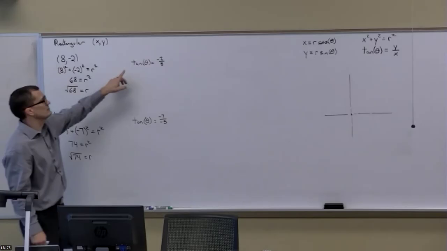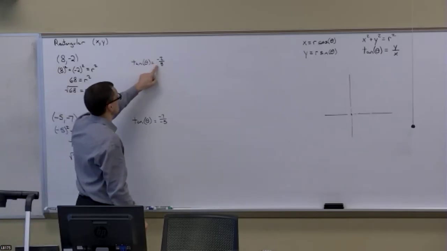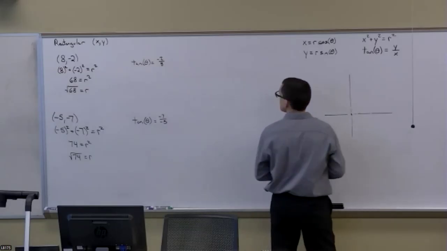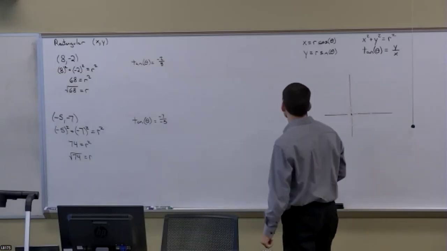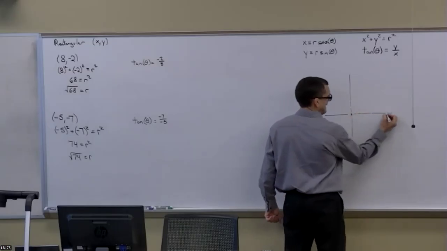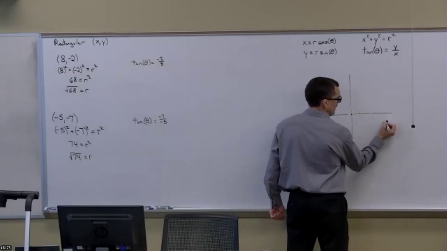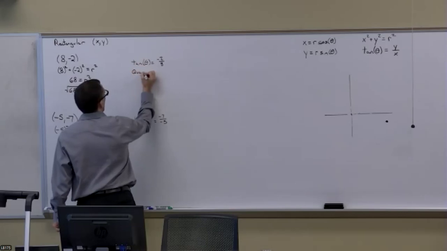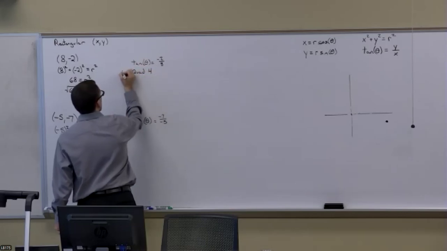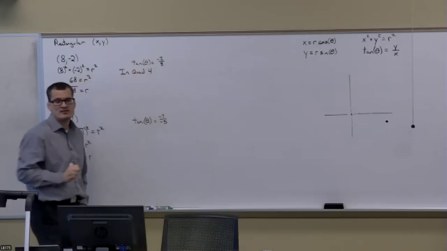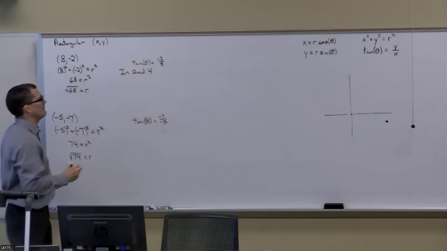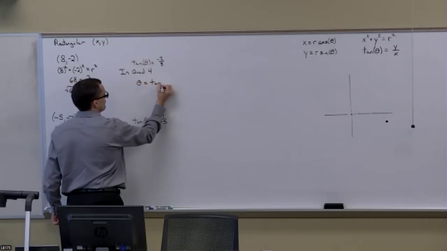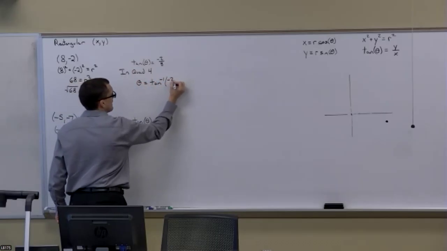And then the tangent of theta is going to be -2/8. I don't need to reduce that if I don't want to. By the way, the point 8, -2 is down in quadrant 4. So the point is in quadrant 4, and that means that theta is just going to be the inverse tangent of -2/8.